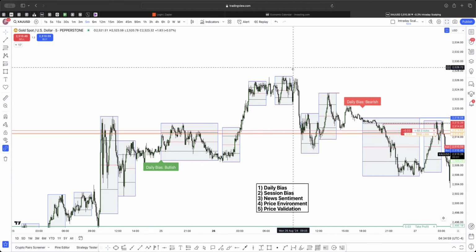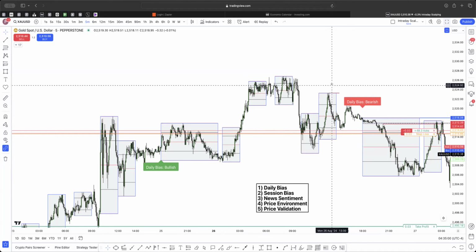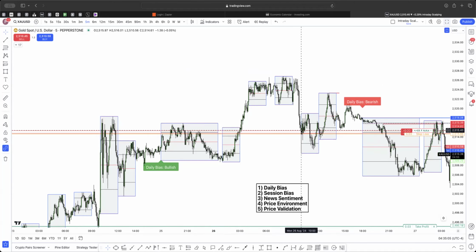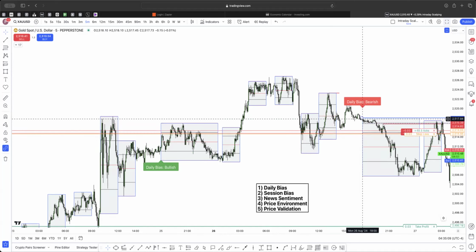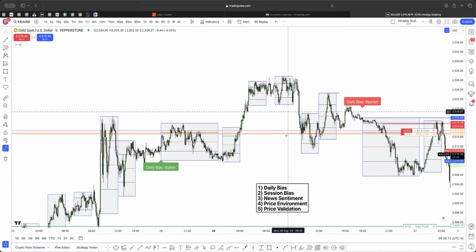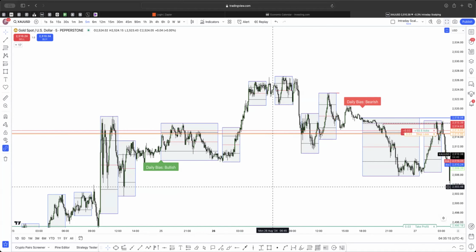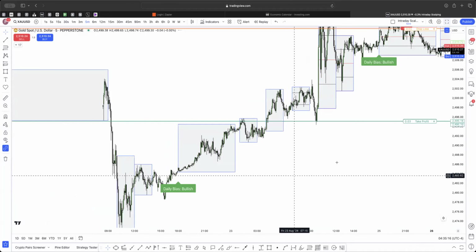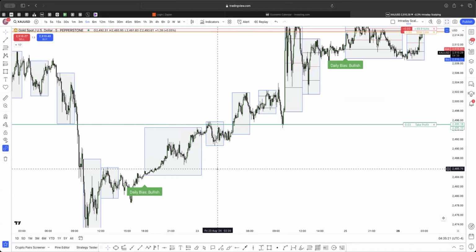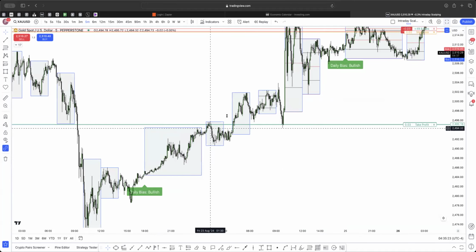It ended up closing bullish, between this 6 o'clock open and this 6 o'clock open. You can see it was bullish. Let's take a look at something else over here. On Thursday, the 23rd of August, a bullish bias.